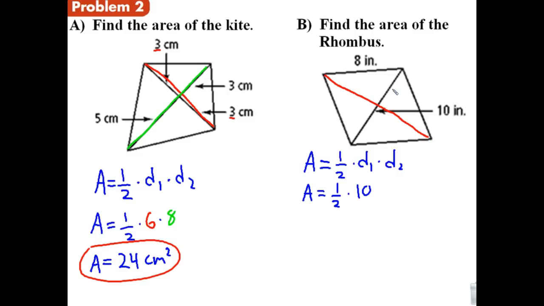To do that, I'm going to break this problem down into a right triangle. One fun fact from way back in chapter 6 is that diagonals of both kites and rhombuses are perpendicular to each other. So I have a right triangle where, if I split this diagonal in half, I get a 5 on both sides of it. This missing part here, we can call x.